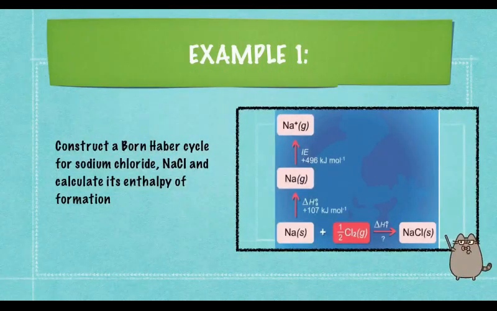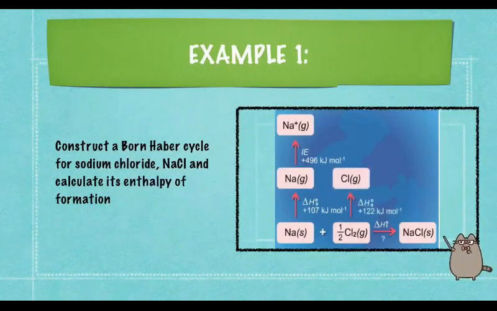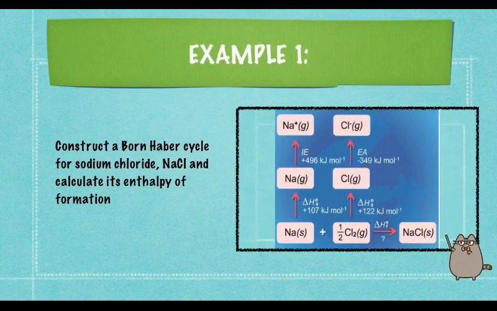Chlorine is gaseous under normal conditions, but it is made up of diatomic molecules. Therefore, the formation of gaseous atomic chlorine requires the enthalpy of atomization. Because of the high electron affinity of chlorine, 349 kilojoules per mole of energy is released when electrons are added to produce chloride ions.